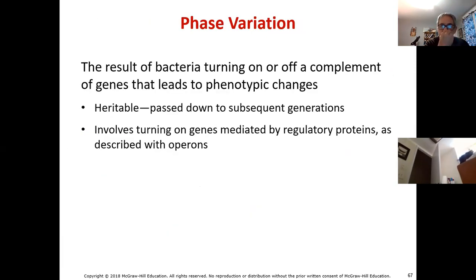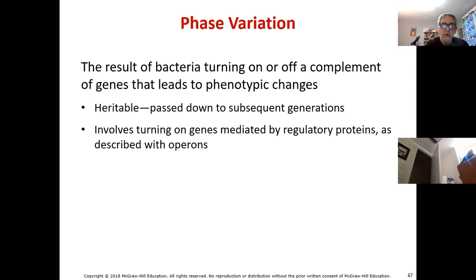Now, bacteria can do something unique. It's called phase variation. So bacteria can turn off or turn on a whole series of genes, and they can actually change their phenotype. This phase variation is heritable. It can be passed to other generations of bacteria.